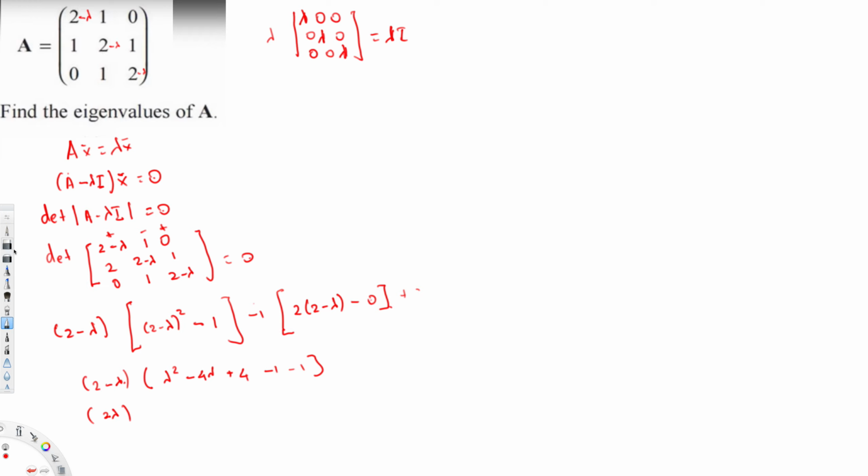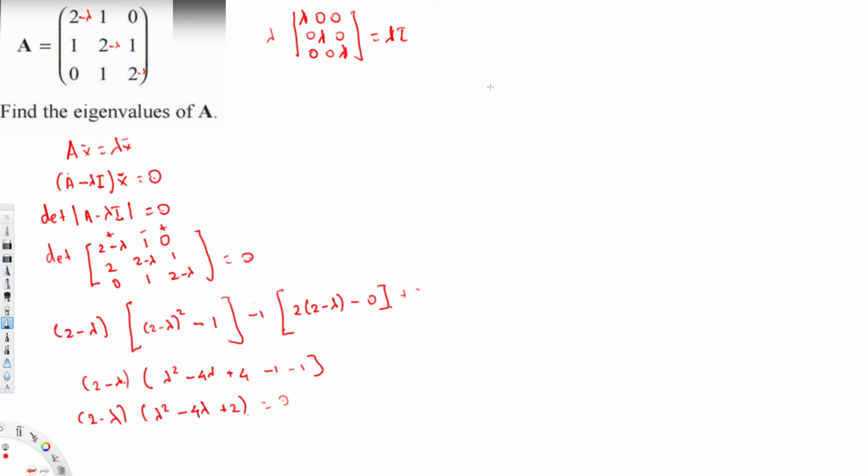So we get 2 minus lambda times lambda squared minus 4 lambda plus 2, because 4 minus 1 is going to be 3 minus 1, which gives plus 2. But this is not a factorable form, so we have to use the quadratic formula for this one.